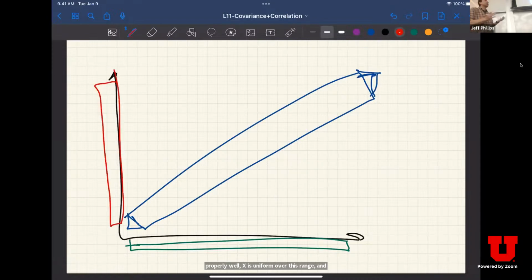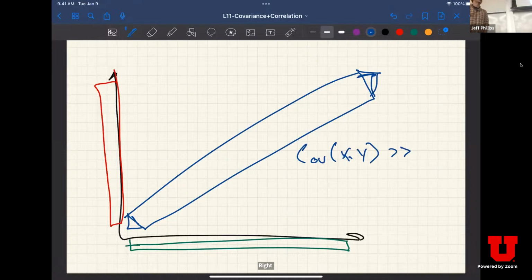And I can get the variance, but I don't know that these have a very strong covariance, right? This is much greater than 0 in some sense, right? But I could also do it the other direction. I could also make it much less than 0, but the variances of X and Y are the same. Okay, so the variances by themselves don't tell me much about the joint variance. Those are kind of the marginalized variance. I've removed information about how it relates to the other variable.